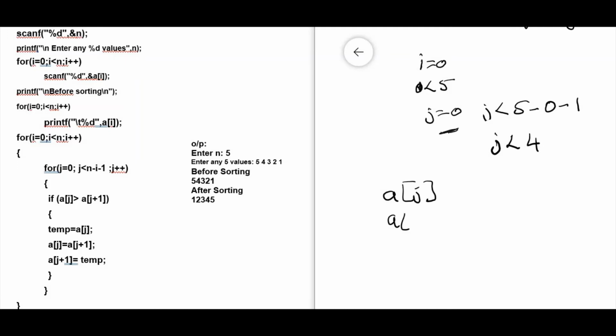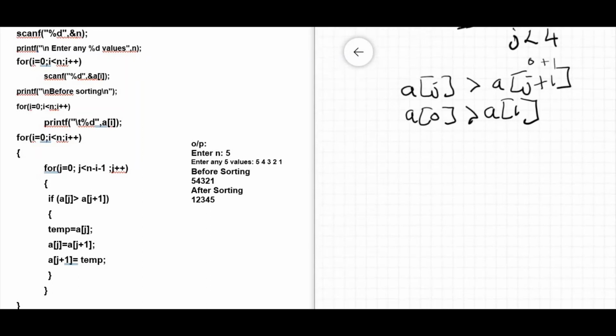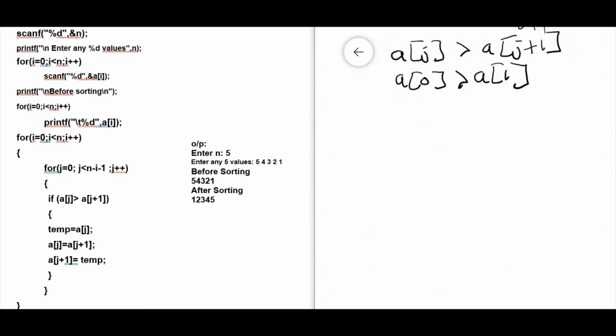So it means a of 0 is compared with a of j plus 1. a of j plus 1 is 0 plus 1, which is nothing but a of 1. So we are trying to compare the elements of the array, this is our array, index 0 and 1. I am trying to compare these two values, right?